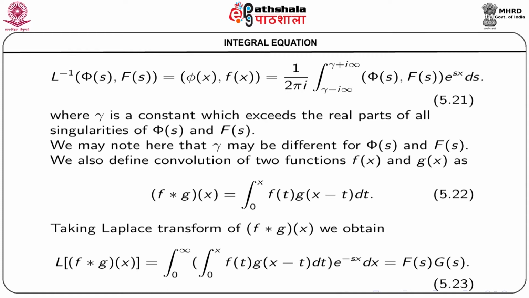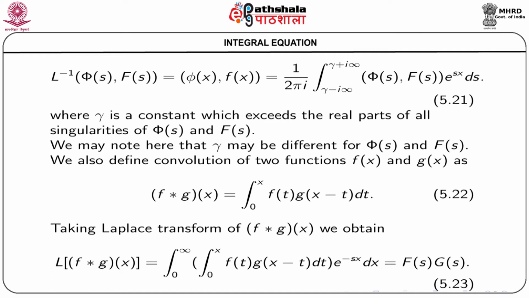So, by inversion formula, phi x is obtained as 1 by 2 pi I integral gamma minus I infinity to gamma plus I infinity phi s e to the power sx ds.